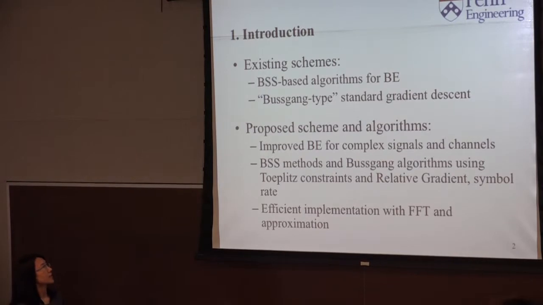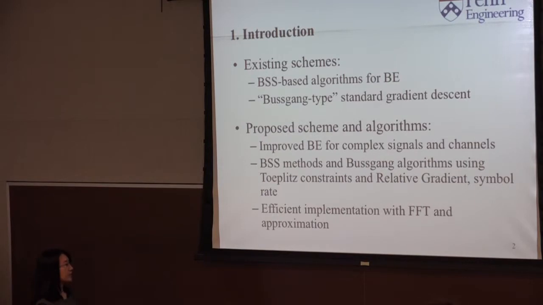Okay, this is the introduction. For blind equalization algorithms, there are two existing schemes. The first is blind source separation-based algorithms, where the independence of the signal sources is exploited. The second is Pascal-type algorithms, based on standard gradient descent, that exploit the constellation and structural properties of the source symbols.